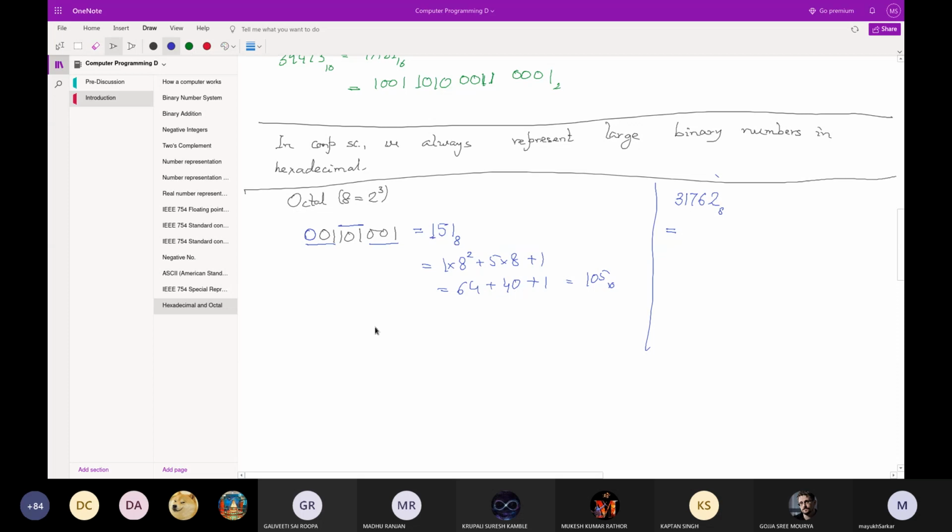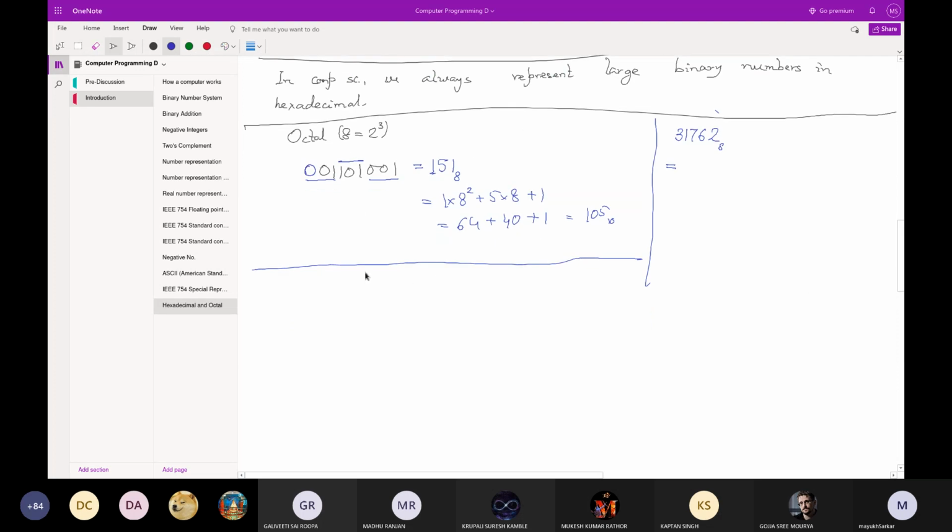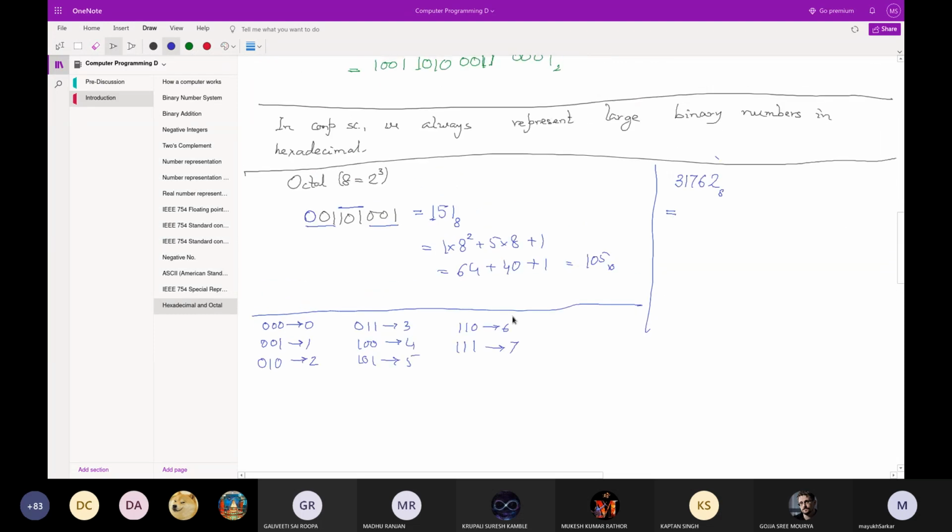If you're confused, the conversion from each 3 bits to an octal digit is again straightforward. 000 is 0, 001 is 1, 010 is 2, 011 is 3, 100 is 4, 101 is 5, 110 is 6, and 111, covering all the 3 bits, is 7. And you have covered all the 3 bits from 000 to 111.